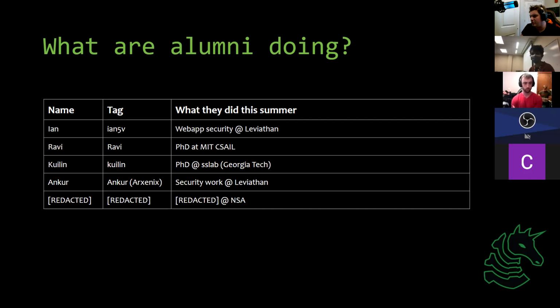Pretty cool. Then Quaylen is doing his PhD at the SSLab at Georgia Tech, which is also really cool. Then Encore Arxenix is also doing security work at Leviathan, and Redacted is doing Redacted at the NSA.